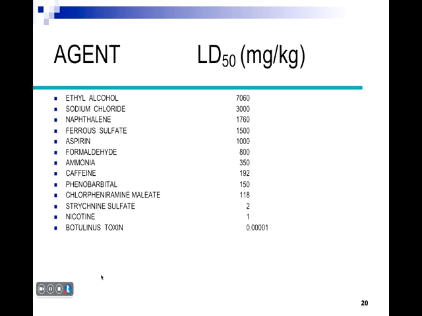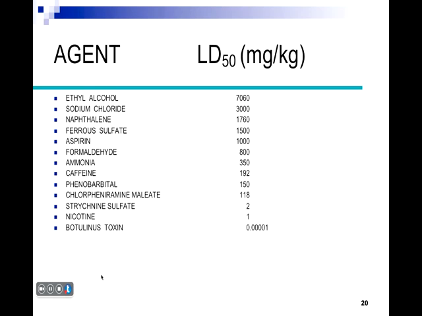And this is a graph of LD50 for many different types of agents. Looking at the top, we have ethyl alcohol, which again we know is poisonous, but it has a reasonably high LD50, so it takes a lot of ethanol to kill you compared to other chemicals on this list. But you go down to the bottom, where you have one of the most toxic substances known to man, our botulism toxin.